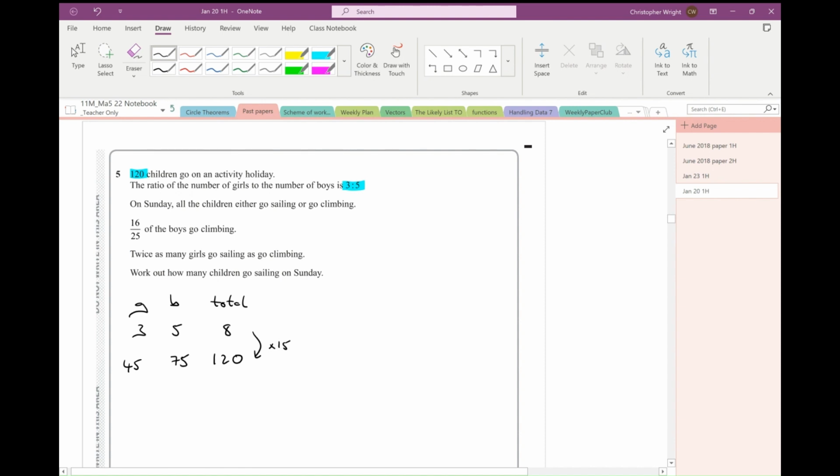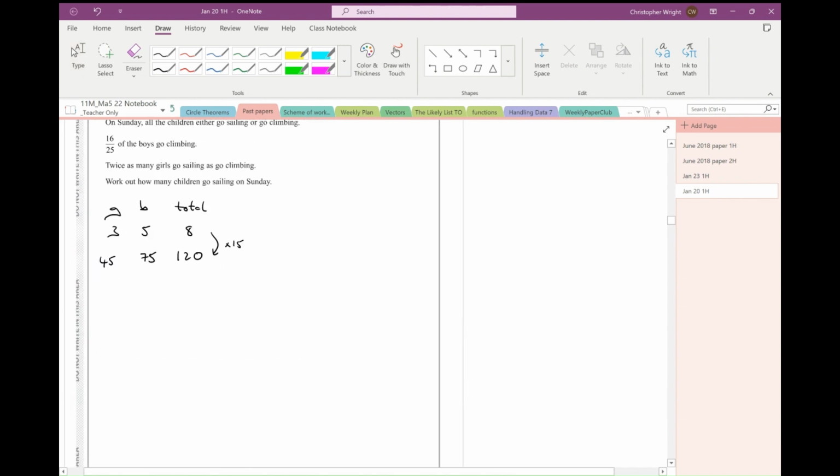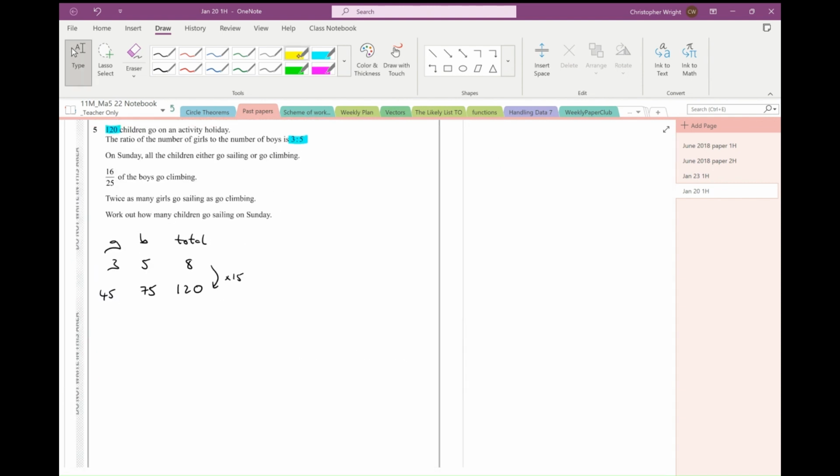Okay. On a Sunday, all the children either go sailing or climbing. 16/25 of the boys go climbing. Well, I know how many boys there are. There are 75 boys, aren't there? So 16/25 of the 75 boys go climbing.